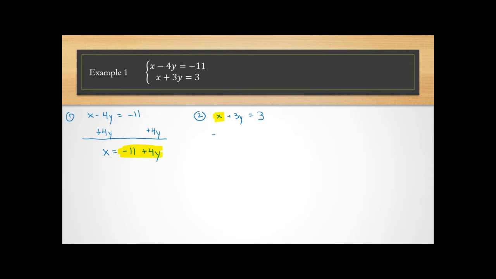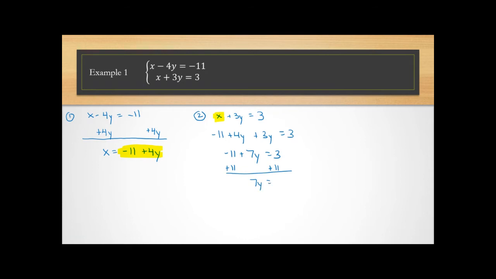So instead of x, I now have negative 11 plus 4y plus 3y equals 3. So step 3 is to solve that equation. So to solve this, I'm going to add my like terms, my 4y plus 3y. So I have negative 11 plus 7y equals 3. And now I'm going to continue solving for y, so I'm going to add 11 to both sides.